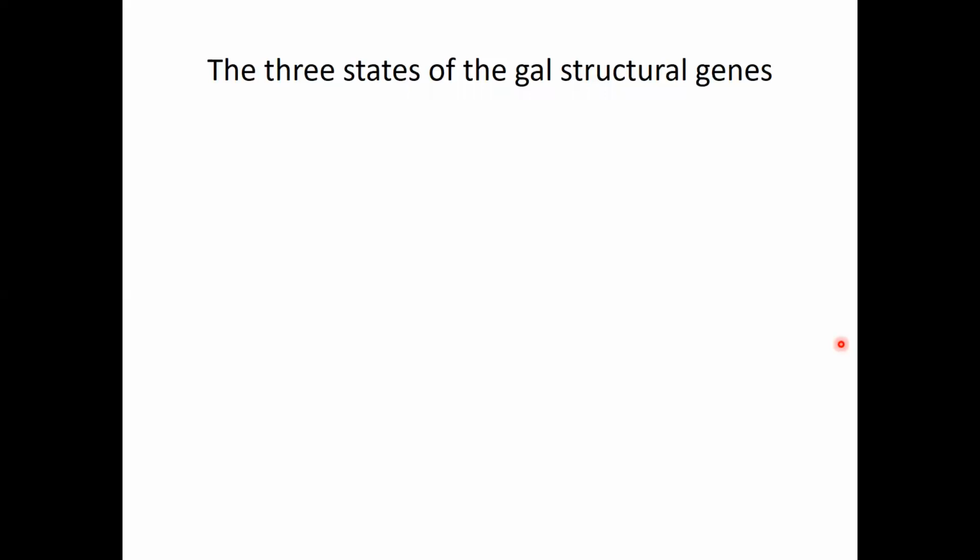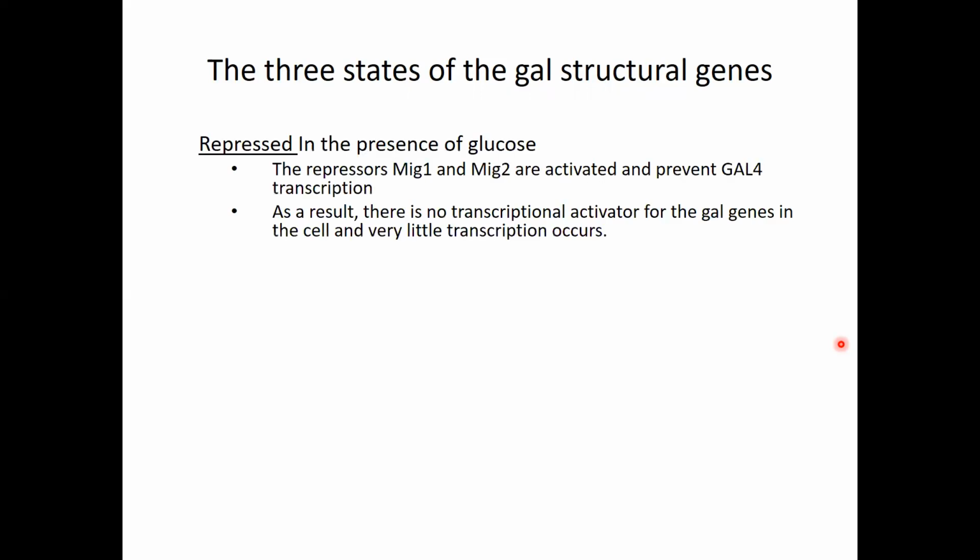So what are the three states of the GAL structural genes? The first one is repressed. In the presence of glucose, the repressors MIG1 and MIG2 are activated and prevent GAL4 transcription. So MIG1 and MIG2 are repressors.